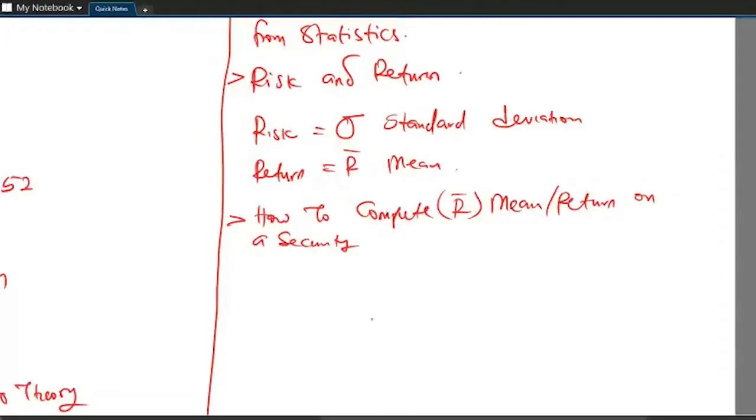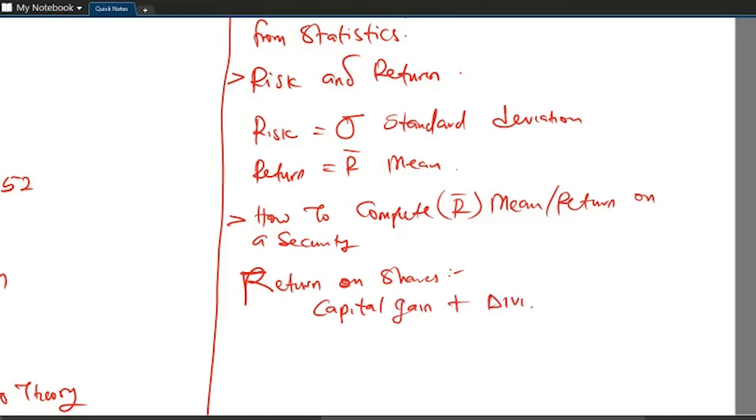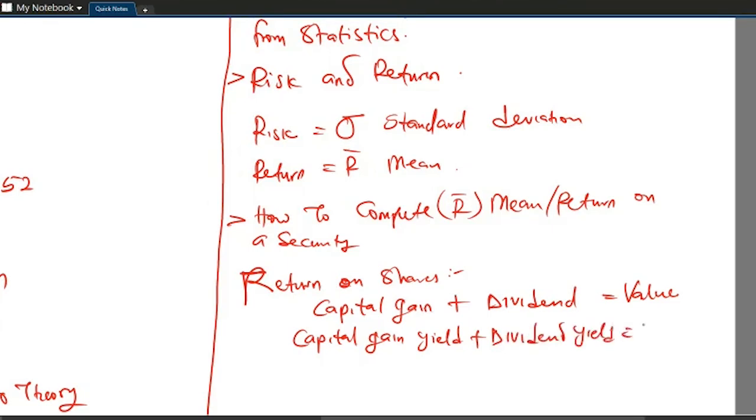On a very basic introduction, when we say return on a security, taking shares for instance, return on shares can be taken as capital gain plus dividend, which is in terms of value. But if you want to get it in percentage, it becomes capital gain yield plus dividend yield. We get the answer in percentage.